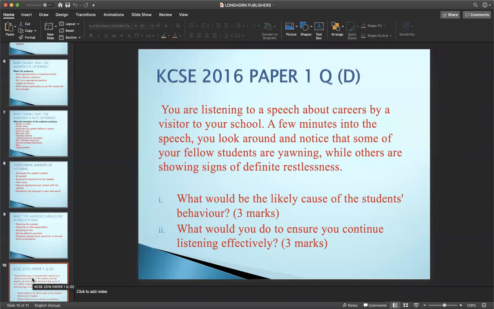What will you do to ensure you continue listening effectively? Now you do the opposite. One, sit upright. Two, have a notebook to write down the points.